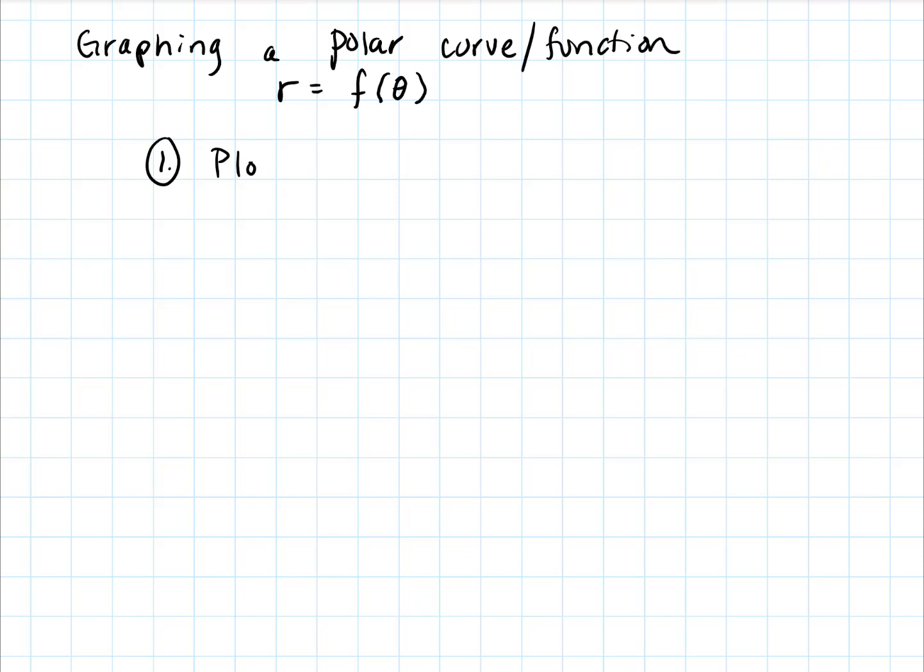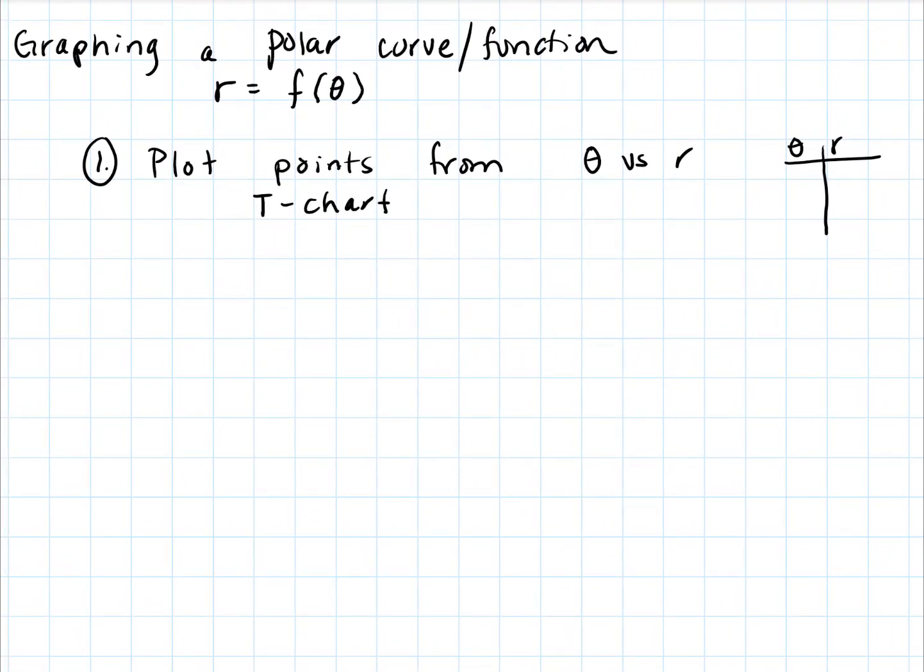So we can come up with a t-chart, plot points from a theta versus r t-chart. I'll show you that with that example. So we can pick some values for theta and find the corresponding values for r, and we can plot those. That's definitely one way to do it.